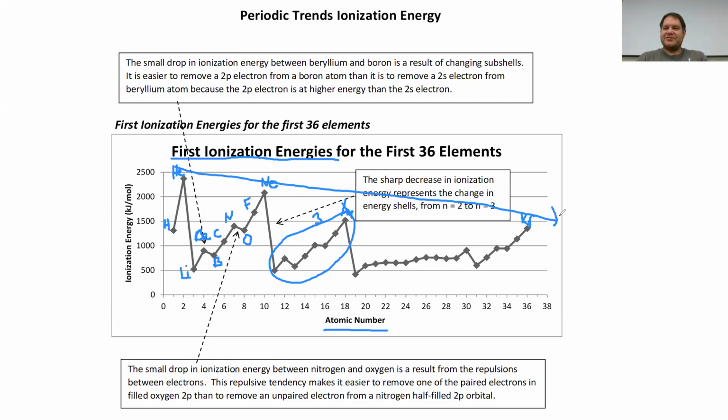So that valence electron is getting easier to remove because it's getting further away from the nucleus. Coulomb's law, right? Distance has a big impact on the electrostatic attraction between the protons and the electrons in the valence shell.